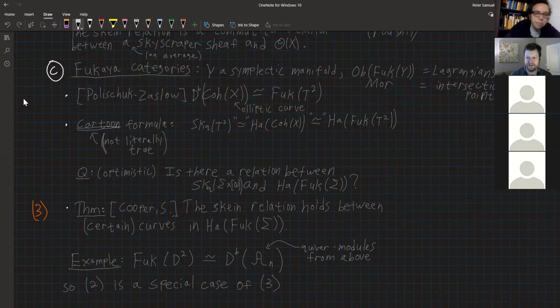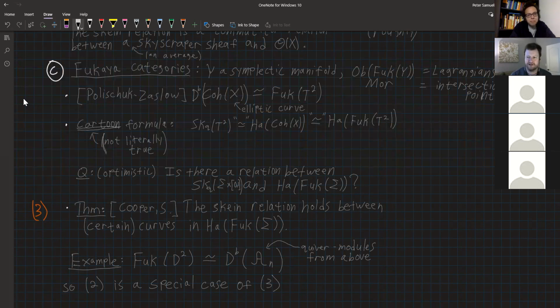In the description of the Fourier category, someone can prove that there's a natural way of constructing an object in the Fourier category given a curve in the surface.